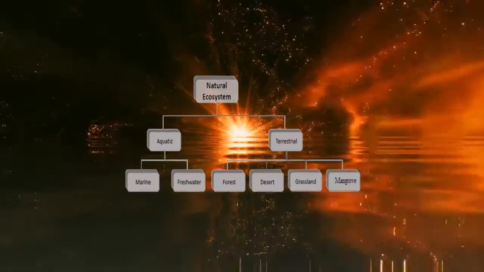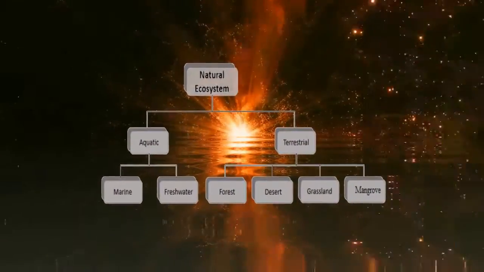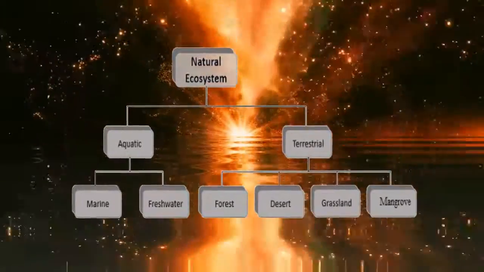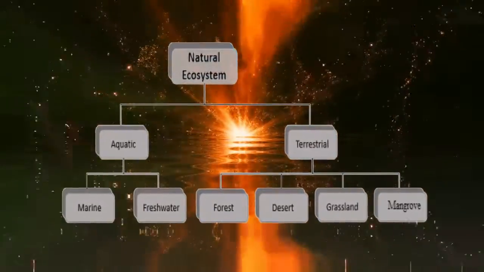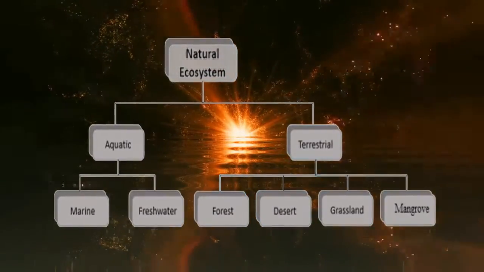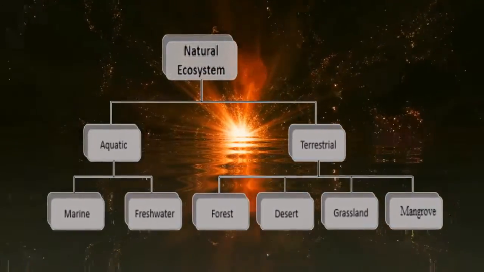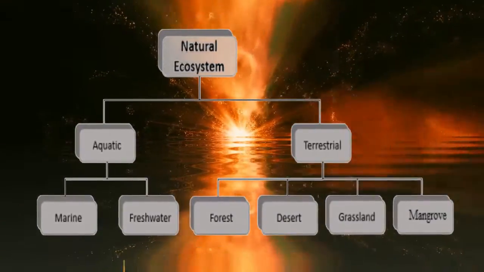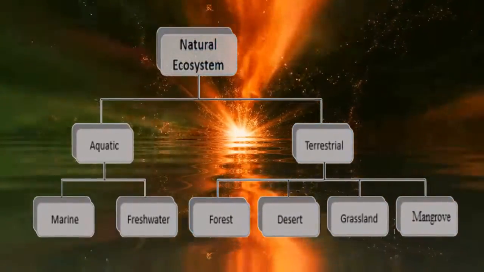Now after this we will see that natural ecosystems, depending on their nature, are basically divided into two parts. One is aquatic ecosystem, another is terrestrial ecosystem, as you have already seen, right?